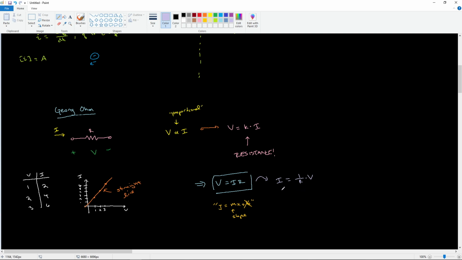And so if the current is our dependent variable on the y-axis and voltage is our independent variable on the x-axis, then our slope comes from this constant of proportionality here, 1 over R. So then the slope of this line is 1 over the resistance. And this also has a definition. This is the conductance, which we would label as G. That's just canonically they call this G.